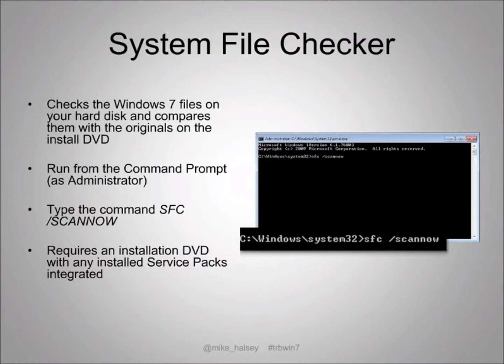The reason being that the core operating system files change when you have a service pack, and the System File Checker will compare the files that you've got on your hard drive with what will essentially be an outdated and an older version of those files on the installation DVD. So you need to make sure that you can integrate the service pack into the DVD.